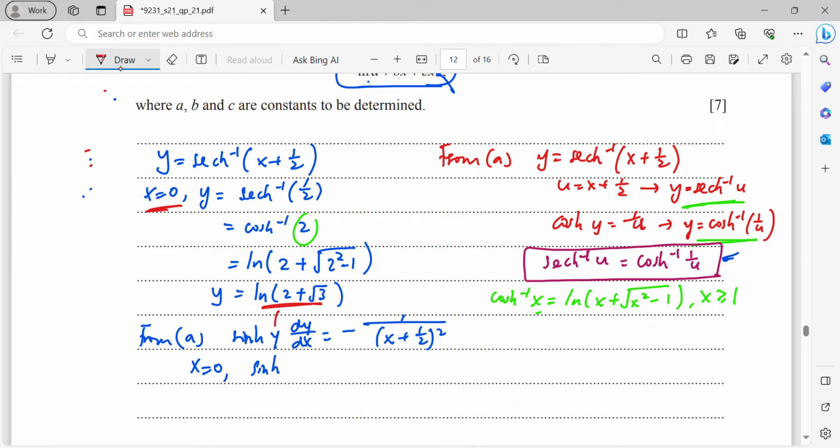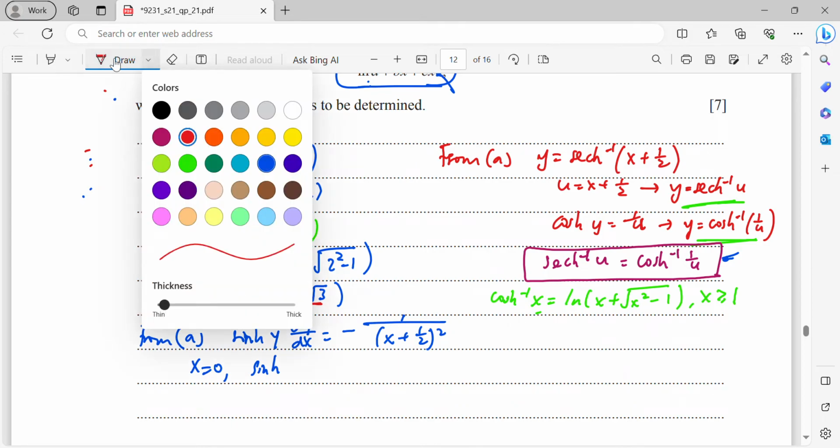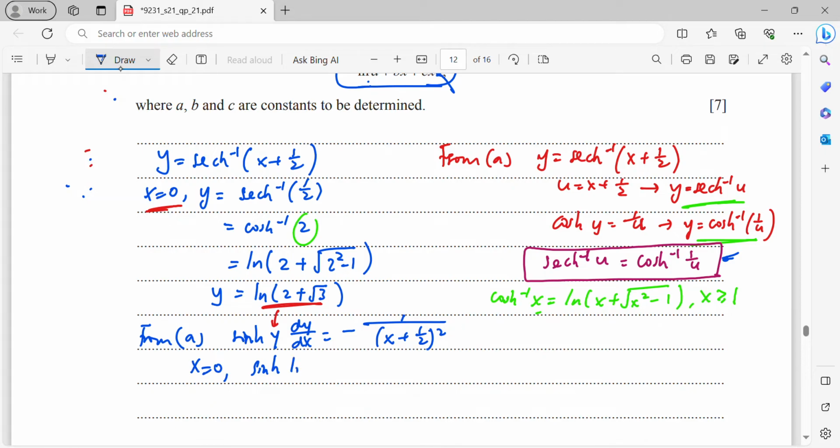So I'm going to replace here, so it will be ln of 2 plus square root 3. That is my y. Then dy dx. And for the right side, your x is 0, so negative 1 over 0 plus half is half, so half squared. So now I will be getting on the right side negative 1 over 1 over 4, so negative 4. This is my value.